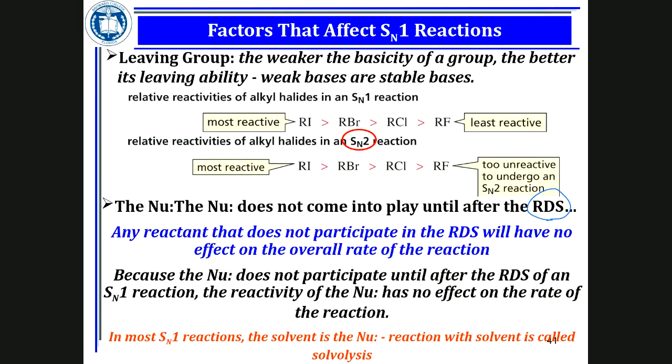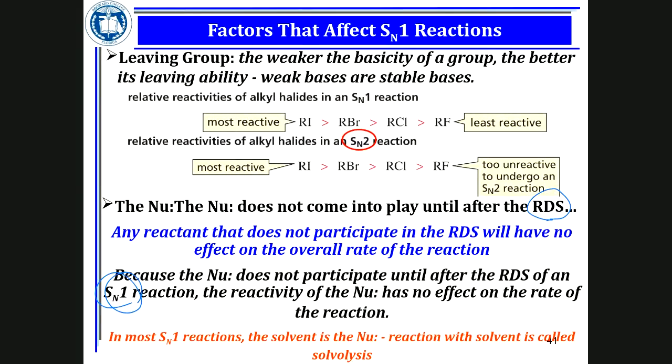And then the nucleophile. For SN1, the strength of the nucleophile is not significant because the nucleophile is not involved in the rate determining step. If you had a very strong nucleophile, most likely it would have attacked the carbon of the alkyl halide before the leaving group leaves, and that translates to an SN2 type reaction.